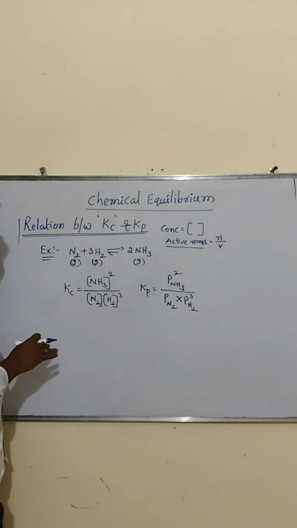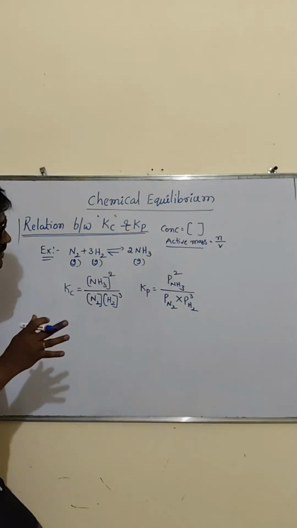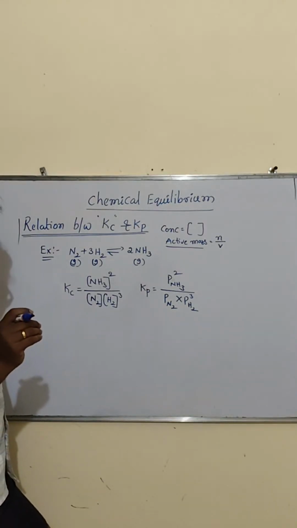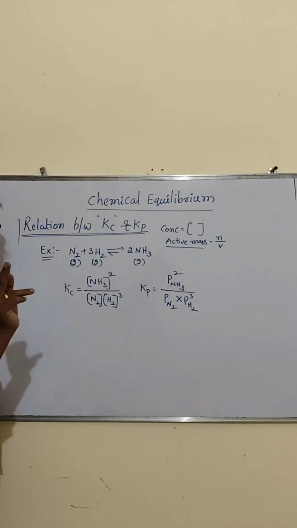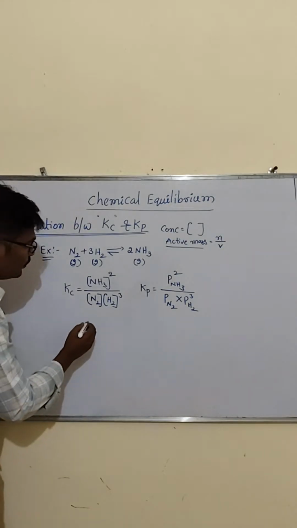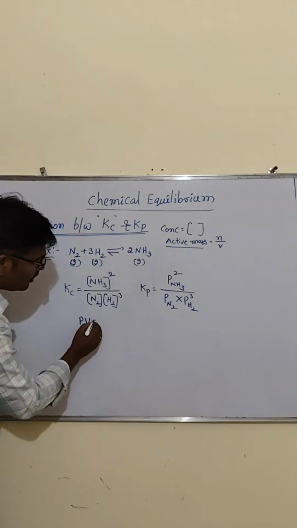So now I am writing the partial pressure of each term. Before writing the partial pressure of each term, we know that PV equals nRT, right?